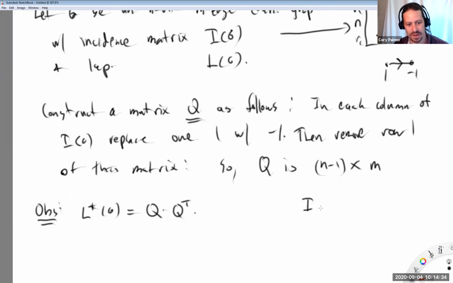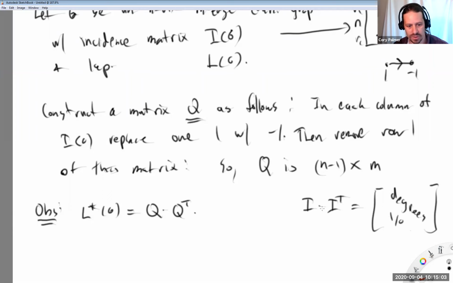If you take the incidence matrix and multiply it by its transpose, then you don't quite get the Laplacian, but you get something that looks very much like it. When you multiply these two matrices, along the diagonal of the result it's not hard to see that you get degrees. The number of 1s collects up the degree of each vertex. Then you get 1s or 0s off the diagonal.